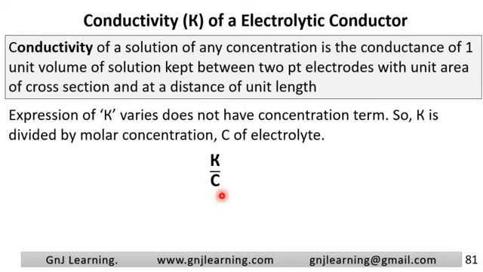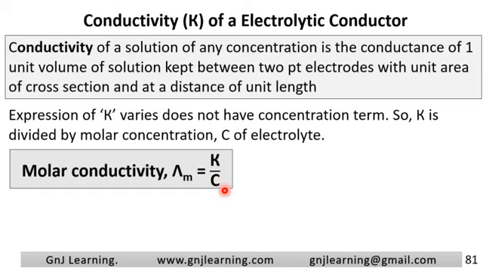It is the concentration of an electrolyte solution expressed in number of moles per unit volume. Molar concentration is nothing but the number of moles of electrolyte in a solution in unit volume. If you divide conductivity by this molar concentration, then it is called molar conductivity.